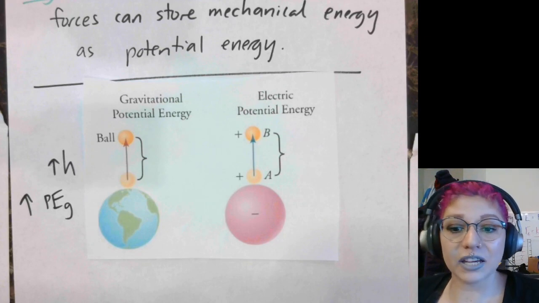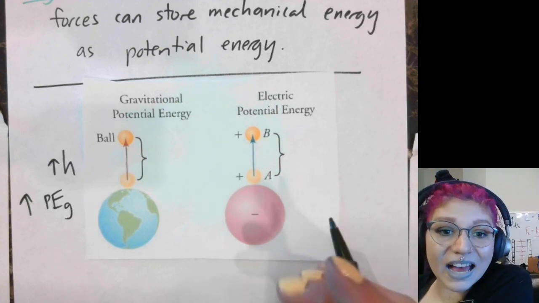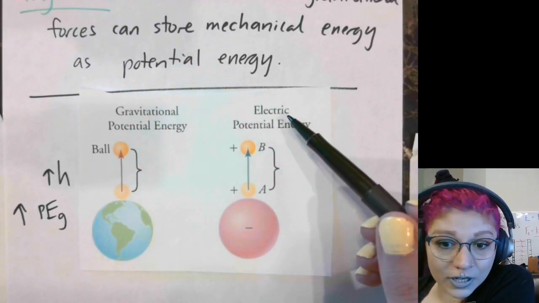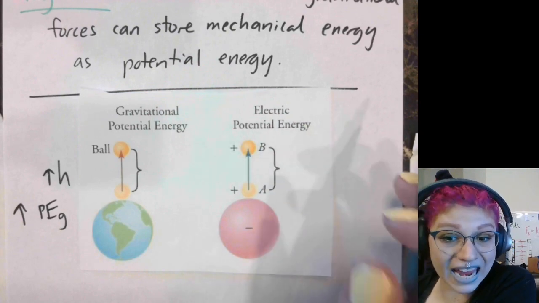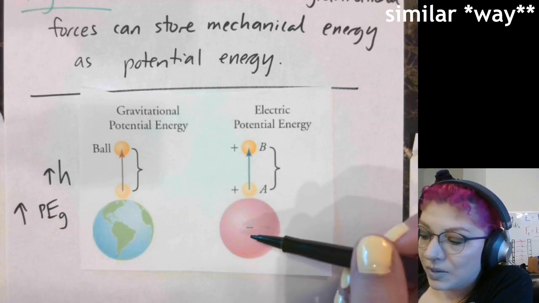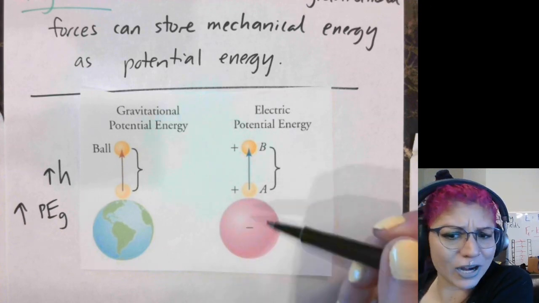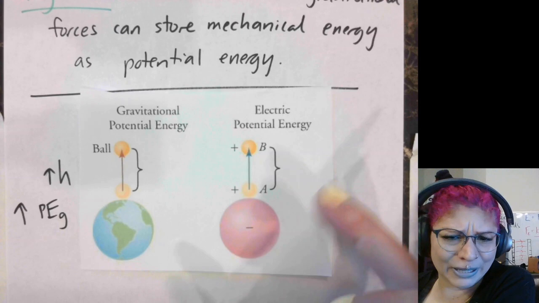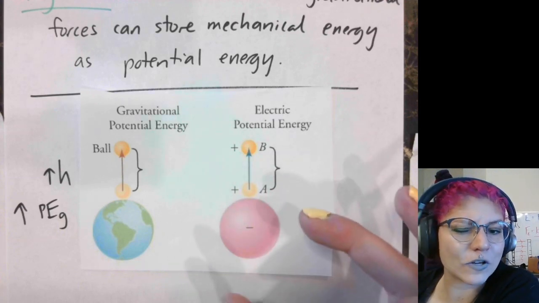I want you to make the parallel that electric potential energy behaves in a similar way. Let's say that we have a negative charge here. So you can pretend like this planet, this Earth, is like a giant negative charge, right?